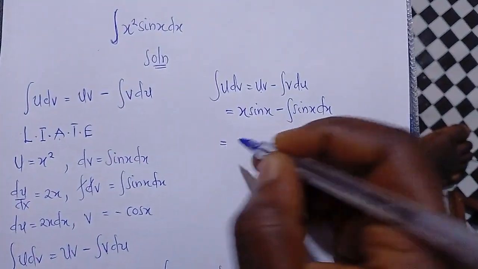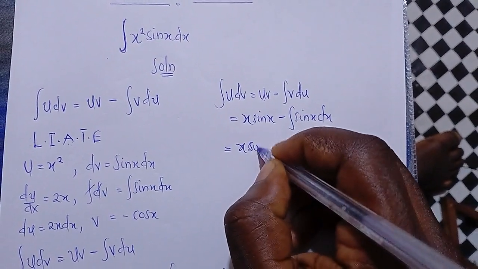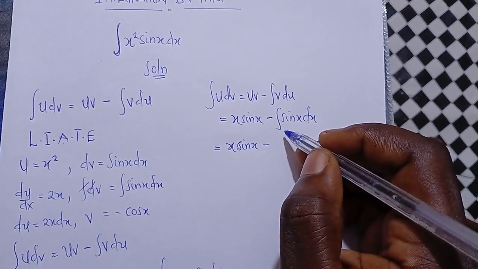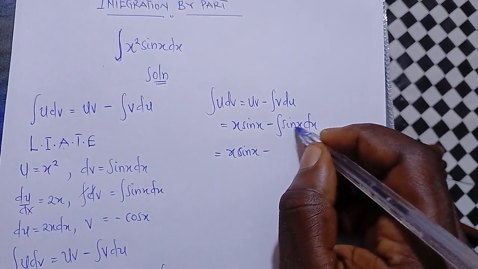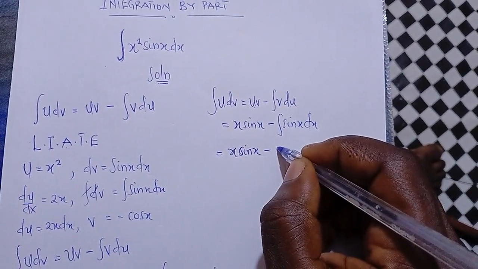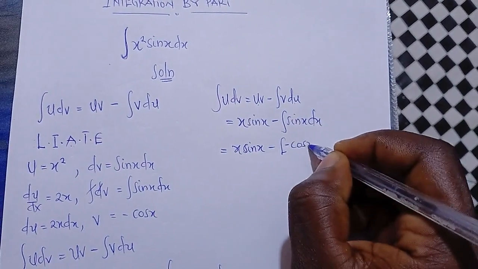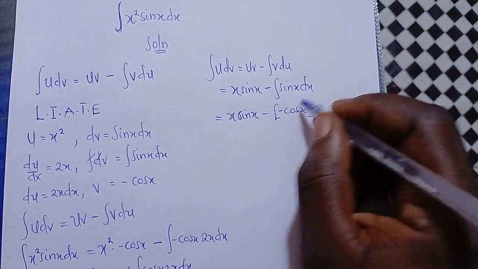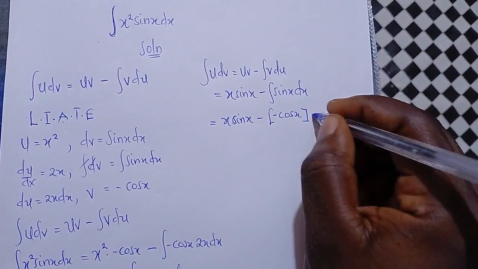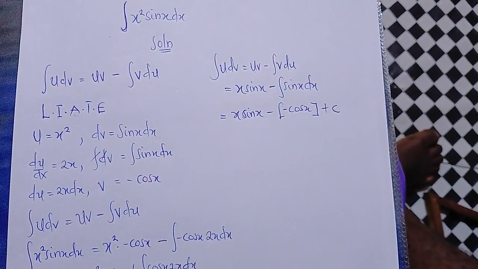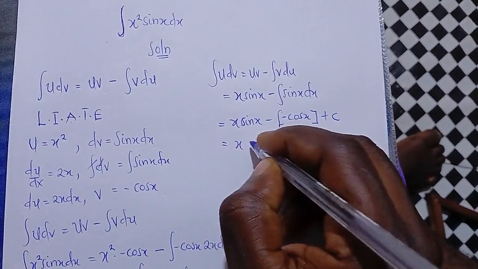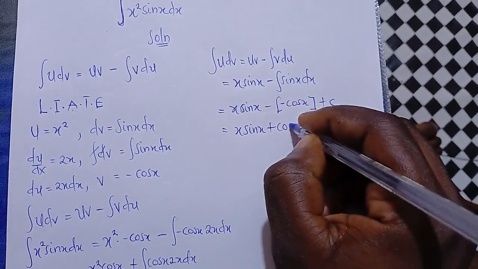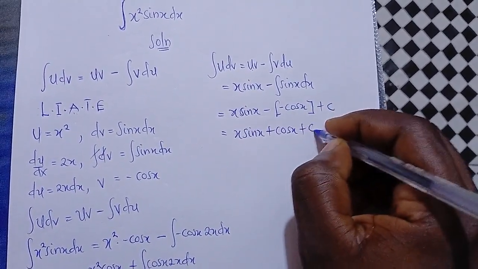So now x sine x minus, if I integrate sine x dx, I'm going to get negative cos x. Since this is an indefinite integral, I should add the constant c. So this will be equal to x sine x, negative becomes positive, cos x plus c.